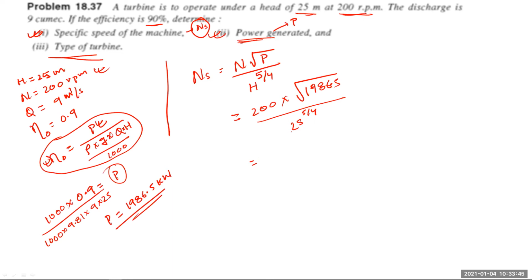You can calculate it using your calculator, and the value you will get will be something around 159.46 revolutions per minute. This is the value of your specific speed Ns.